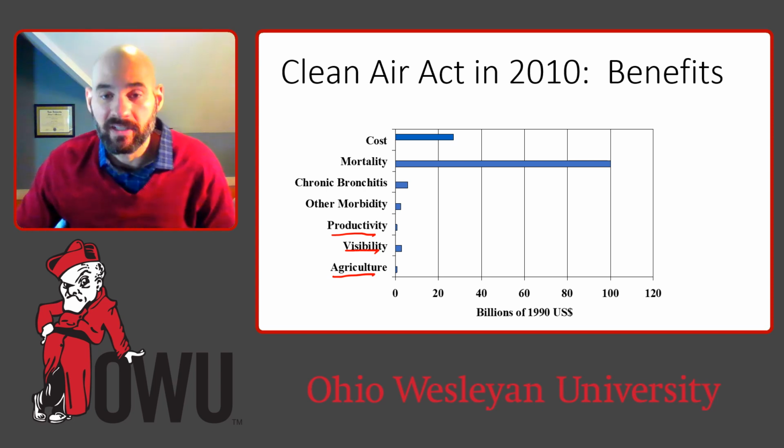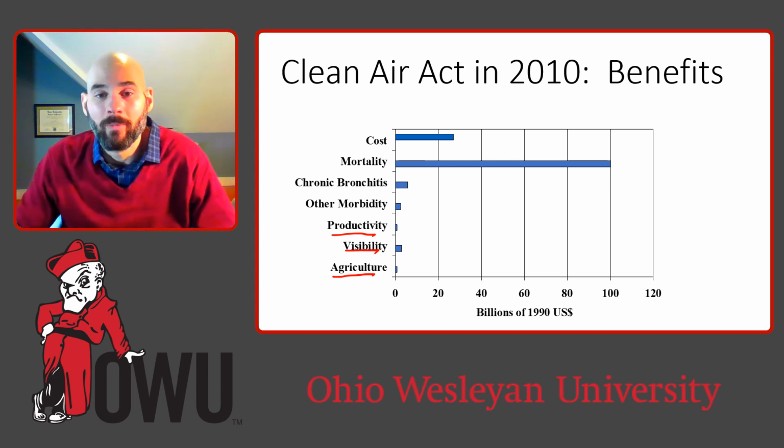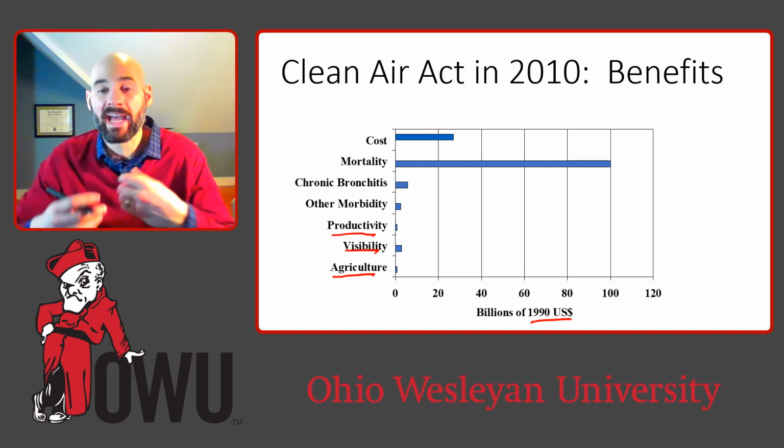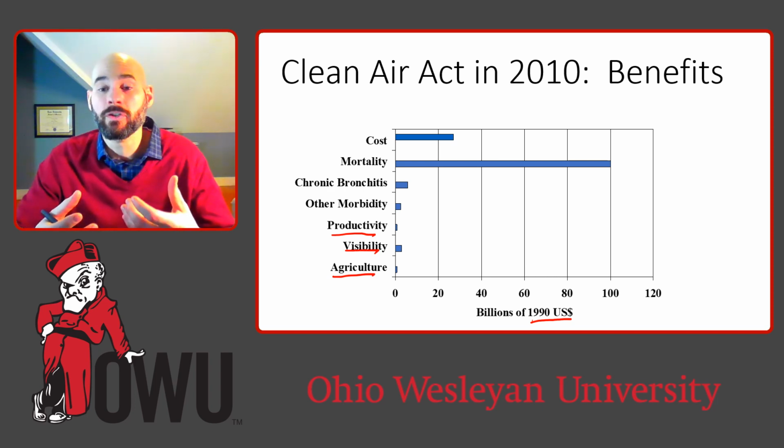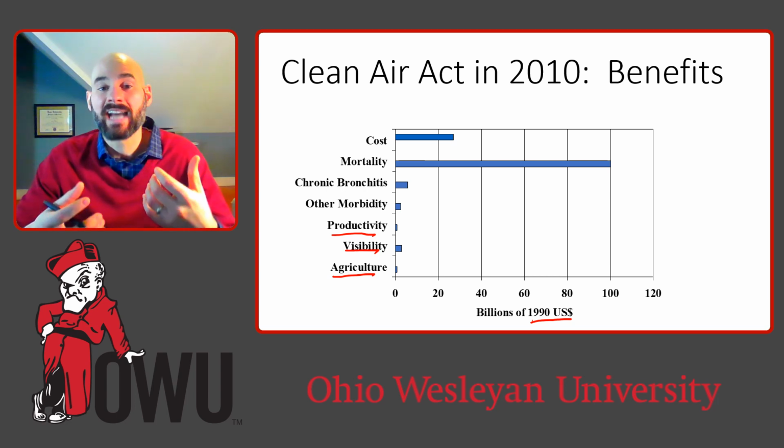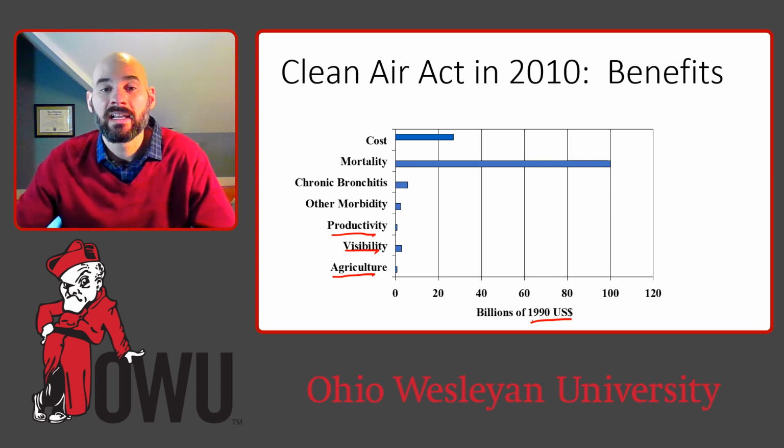So the cost of the Clean Air Act amendments were between 20 and 30 billion dollars in 1990 US dollars. This 1990 is just indexing the US dollars so that we're not confusing inflation with the timing of when the deaths or cases were avoided.